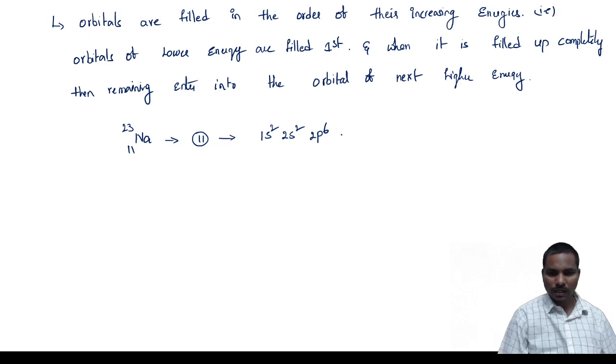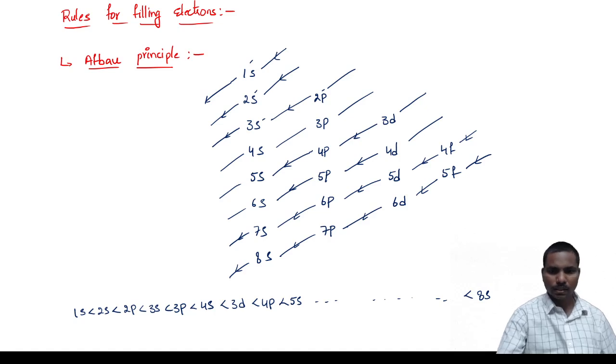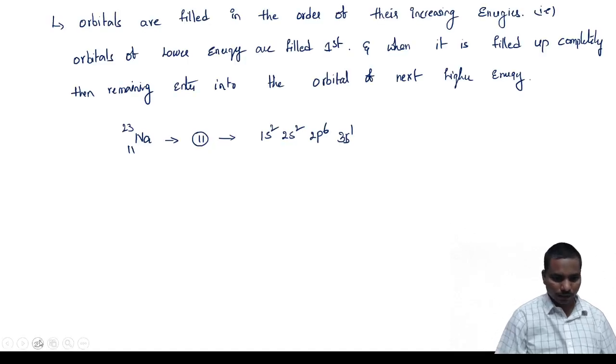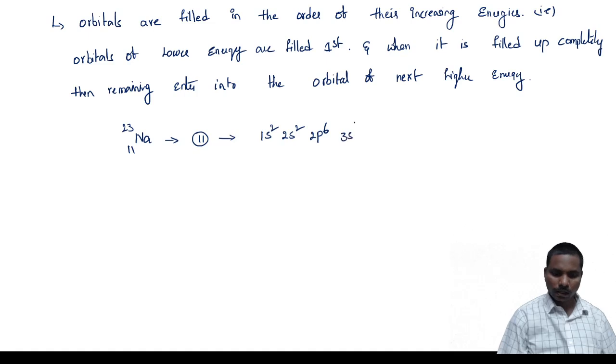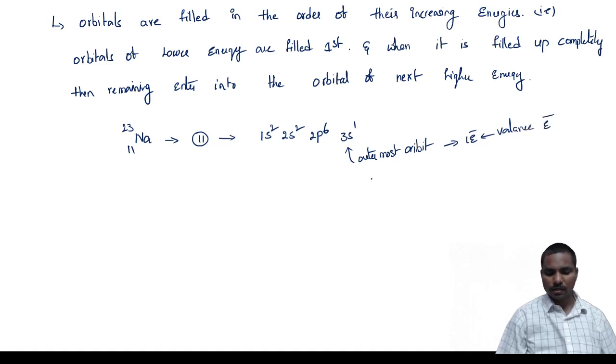So 2p6, and then 3s1. Here the electron present in the outermost orbit, it has one electron, so it is considered as the valency electron.